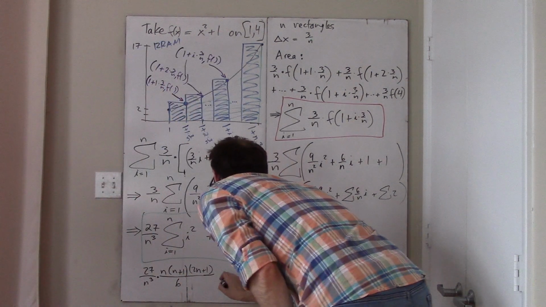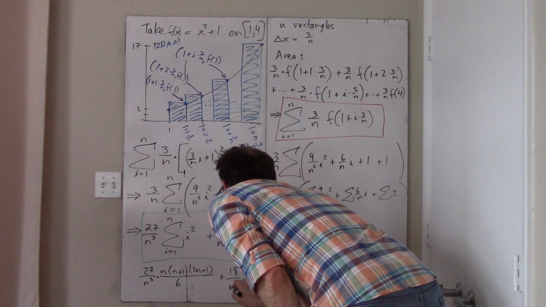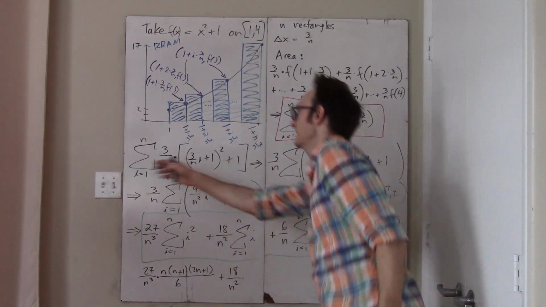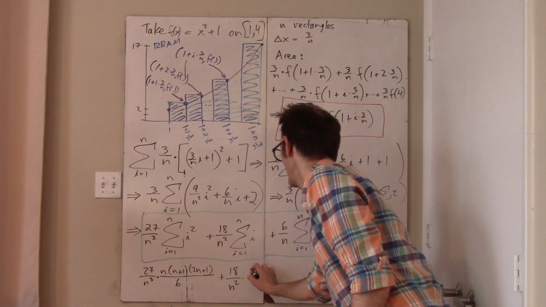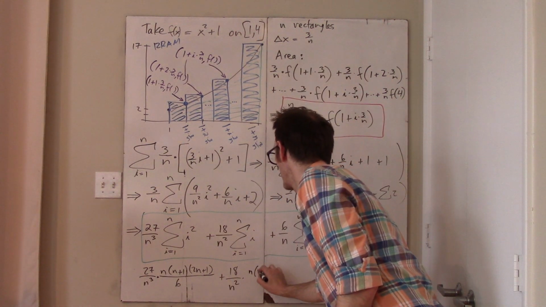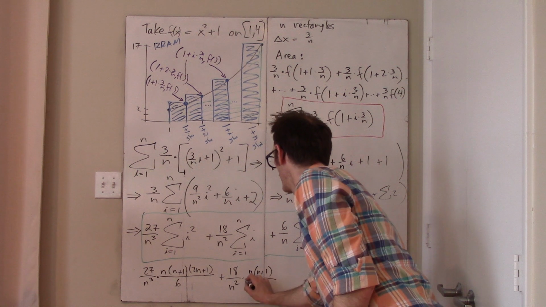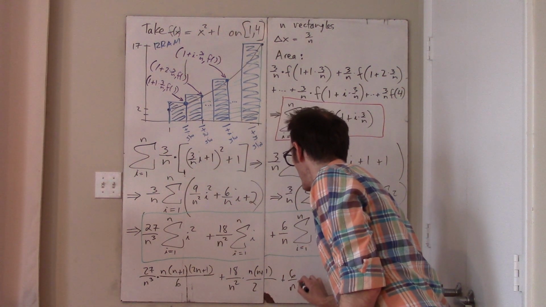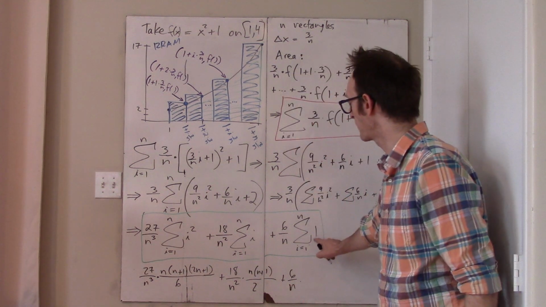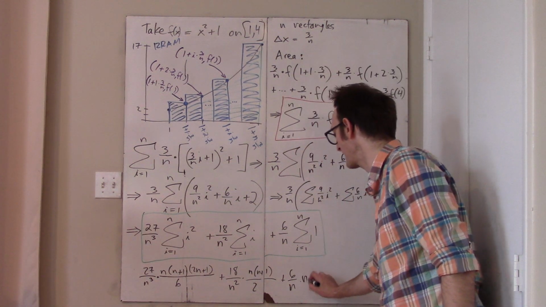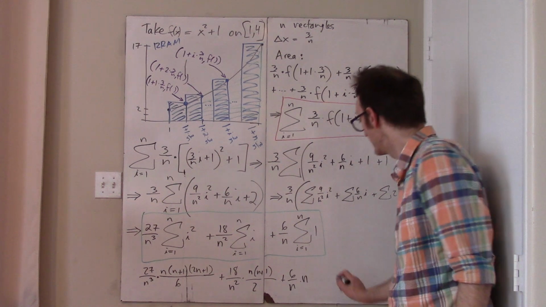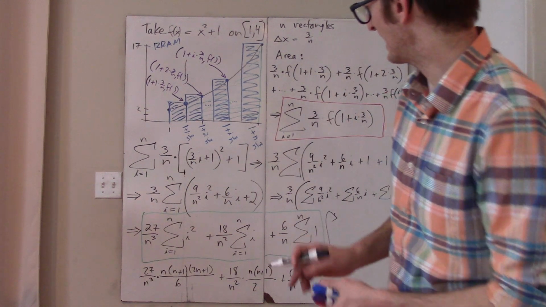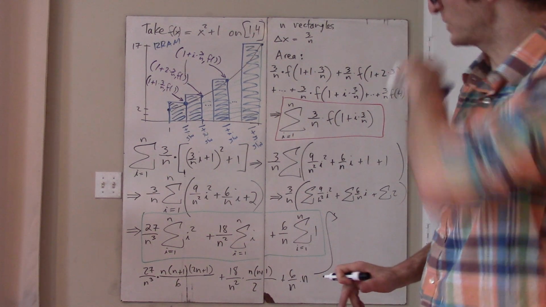What is the sum from i equals 1 to n of i? That might be a lot better. It's n plus 1 over 2. And this is going to be 6 over n times, what happens if you just add 1 up over and over again n times? You get n.